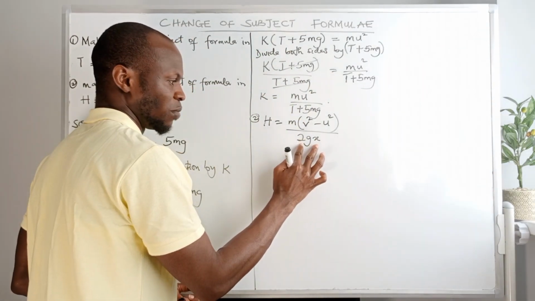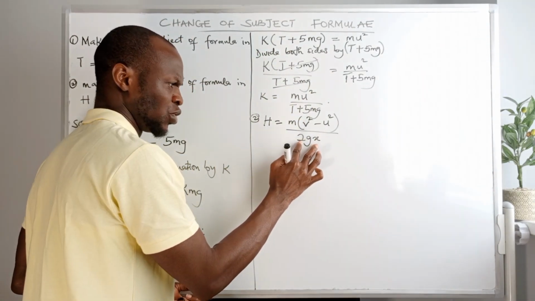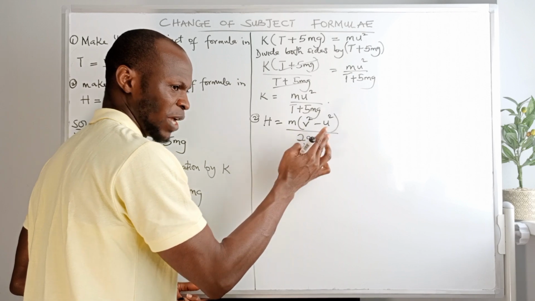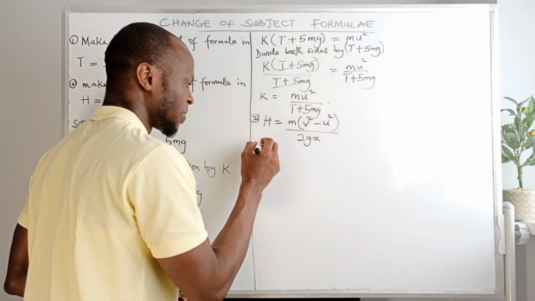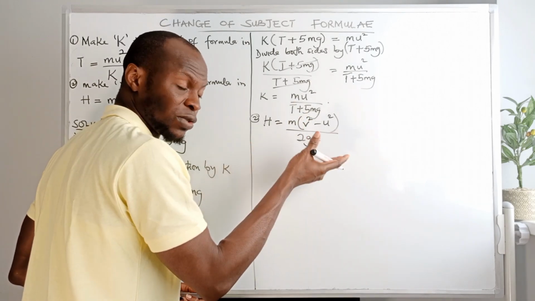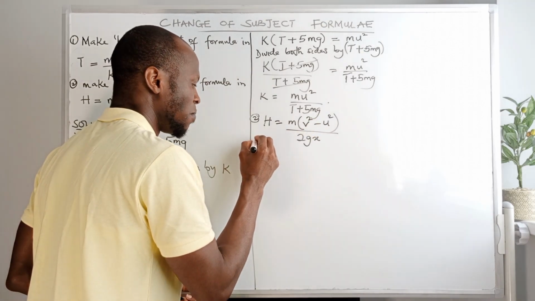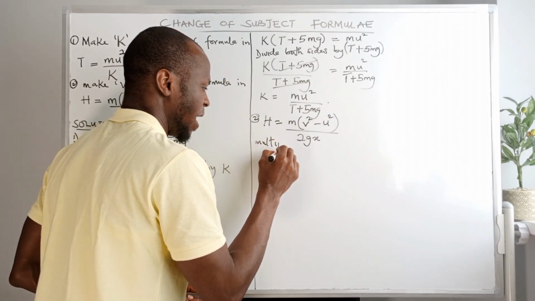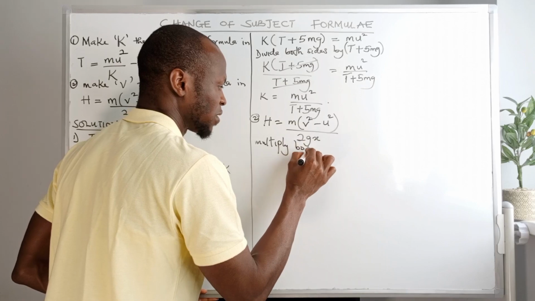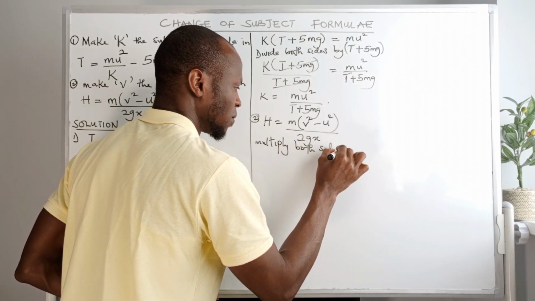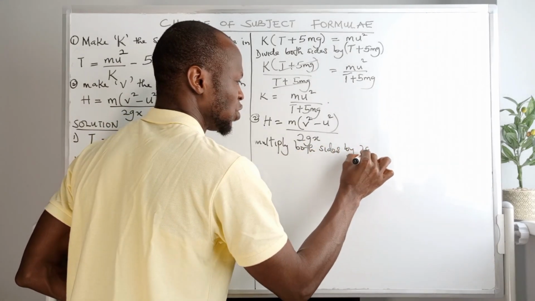So if I want to remove this 2gx, this 2gx is a fraction. So what will I use to remove it? Multiplication. So I will say multiply both sides by 2gx.